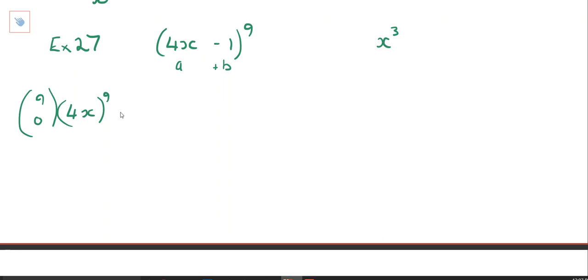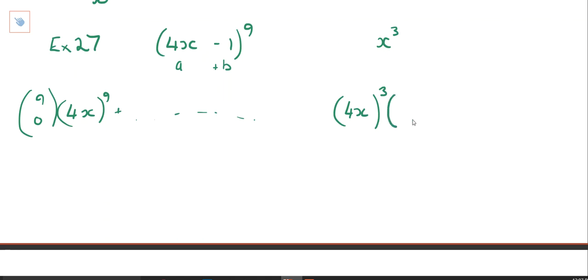That would be the first term. Now that would be x to the power of 9. So we're not interested in that one. So we're going to go all the way until we get 4x, but it's going to be to the power of 3, because that will give me the x cubed I need.